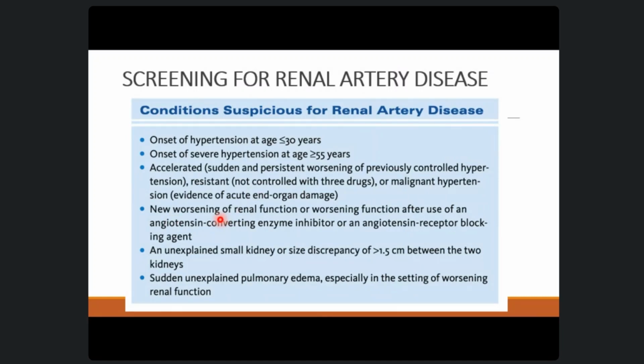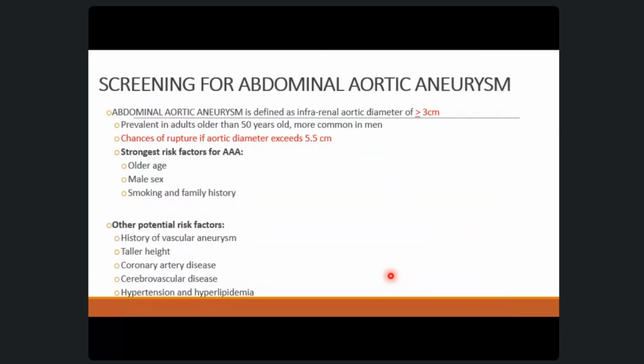Another would be new worsening of renal function, for example after use of an ACE inhibitor or ARBs, or an unexplained small kidney, with more than 1.5 cm discrepancy. Or sudden onset of pulmonary edema in the setting of worsening renal function. So you also screen for RAD or renal artery disease.